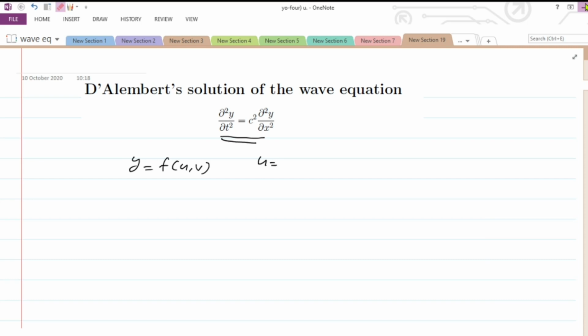So we take u equal to x plus ct, and v equal to x minus ct.